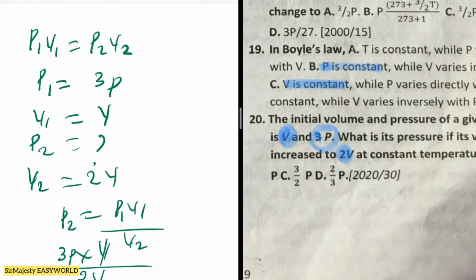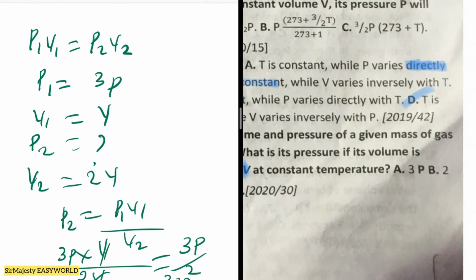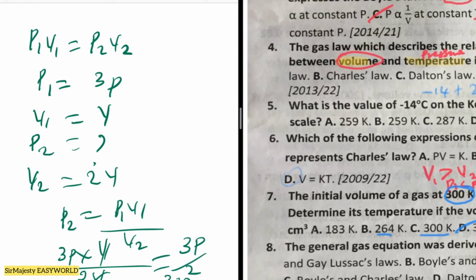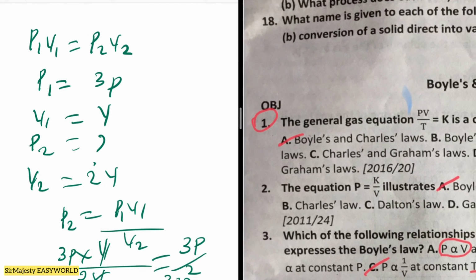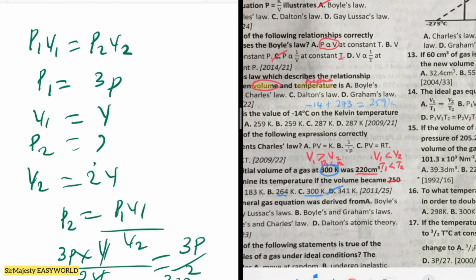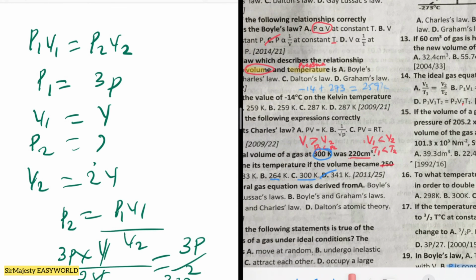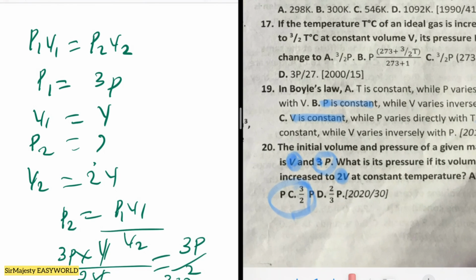So V will cancel V, so that we are left with 3P over 2, which is the same thing as 3 over 2 P, which is option C. Don't mind my circling there, that's option C. So option C should be the correct answer.